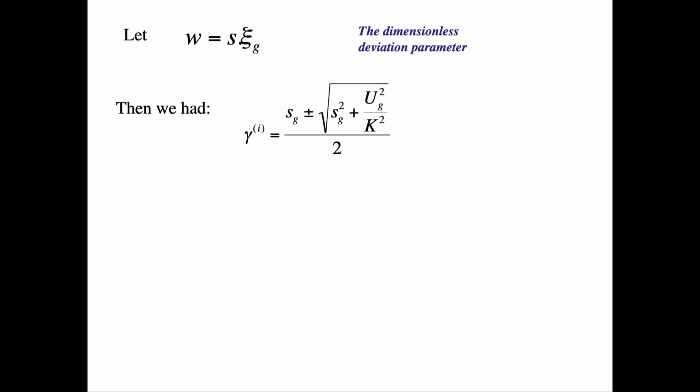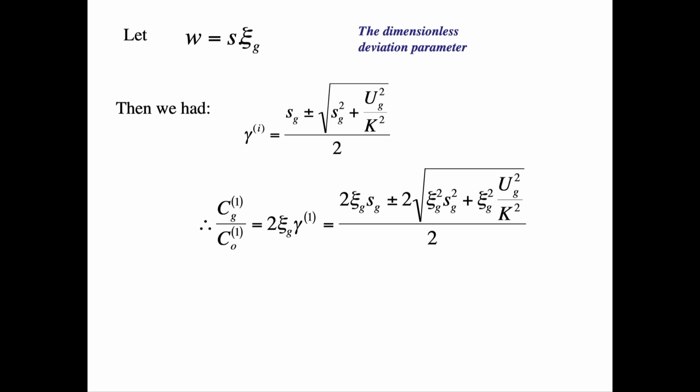There will be the s that we saw, that's the deviation from the Ewald sphere, from the diffracting condition, the diffraction point, and our psi g. Okay, so we call this the dimensionless deviation parameter. So we had that. You go back in the slides.